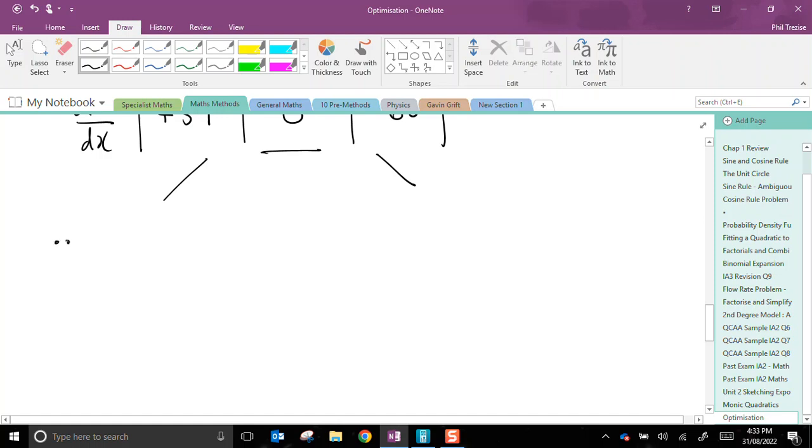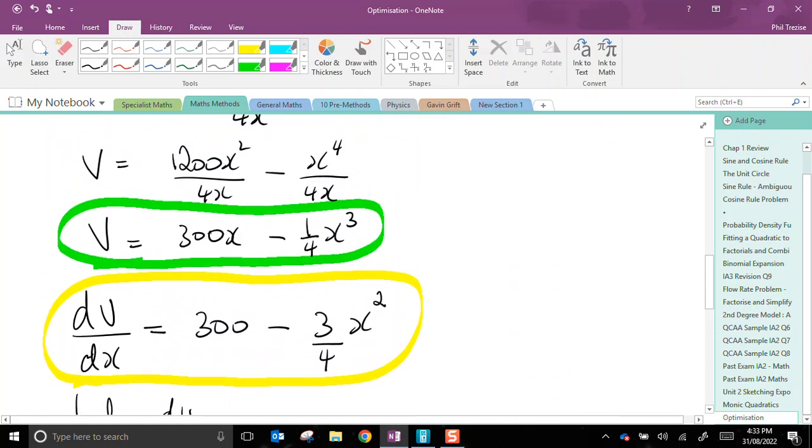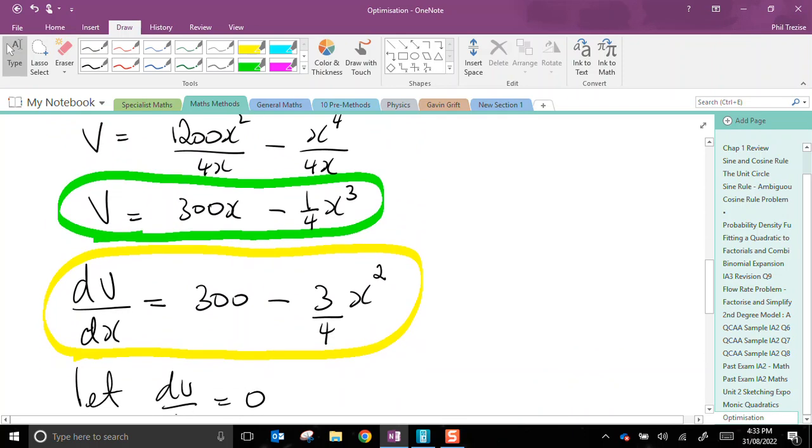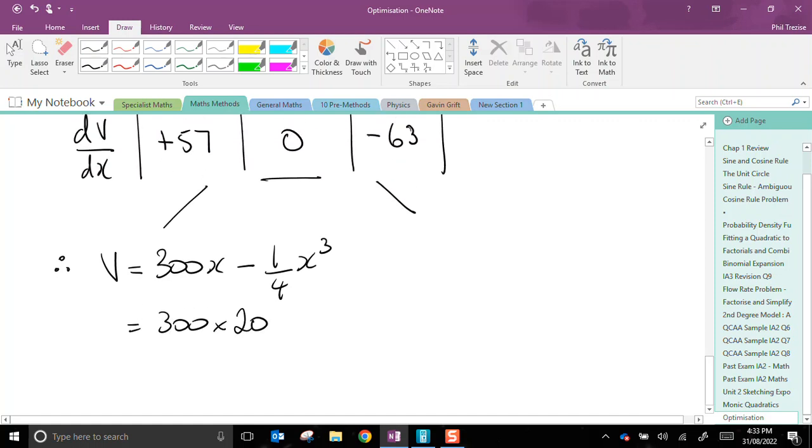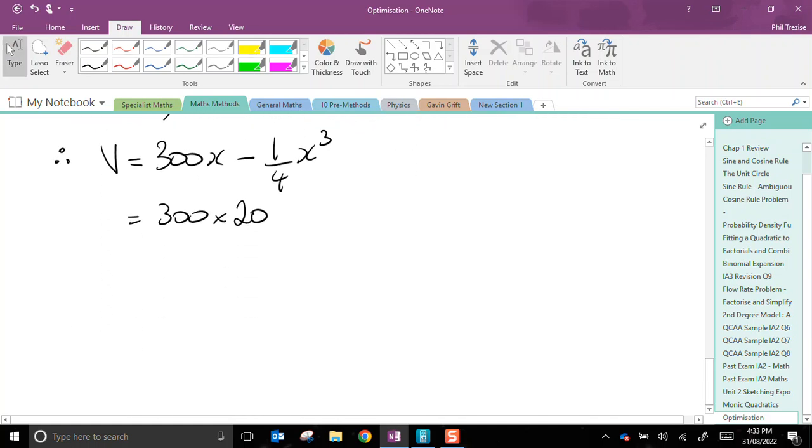So, V equals 300x minus 1/4 x cubed. Now we determined that the greatest volume happens when x is 20. So that's 300 times 20 minus 20 cubed over 4. Oh, I'm feeling lazy. Let's get the calculator going.